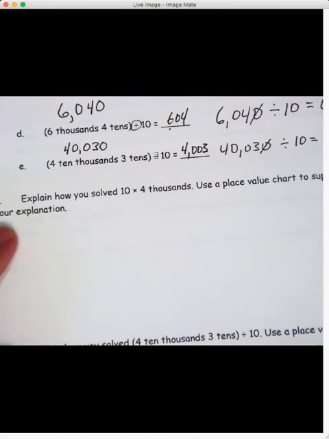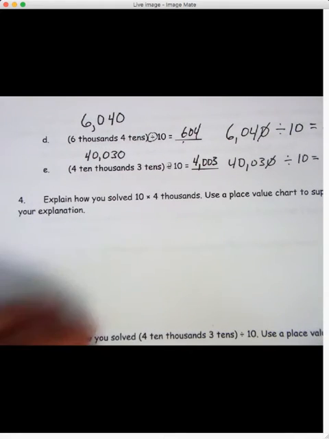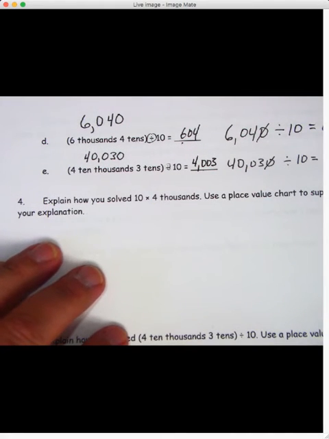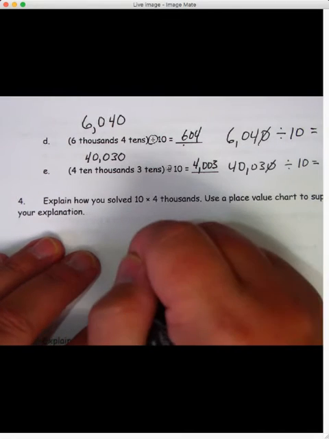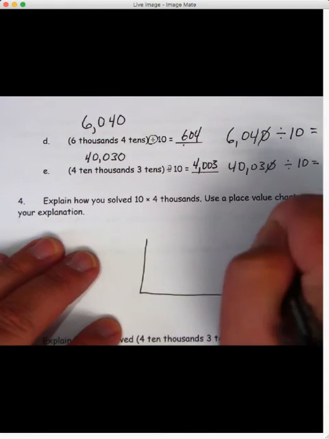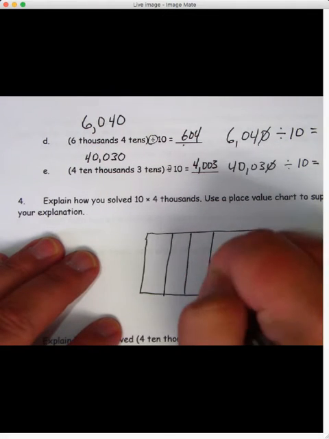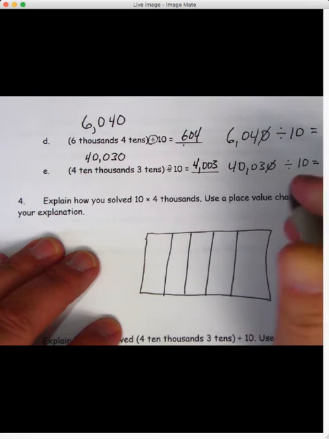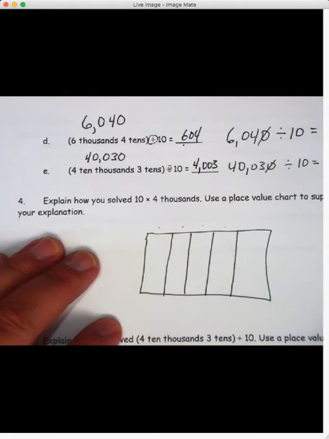Explain how you solved 10 times 4,000s. Use a place value chart to support your explanation. That means we got to draw it. Explain how we solve 10 times 4,000s. So let's do our little place value chart here. All right, here's our ones, tens, hundreds, thousands, 10,000s.